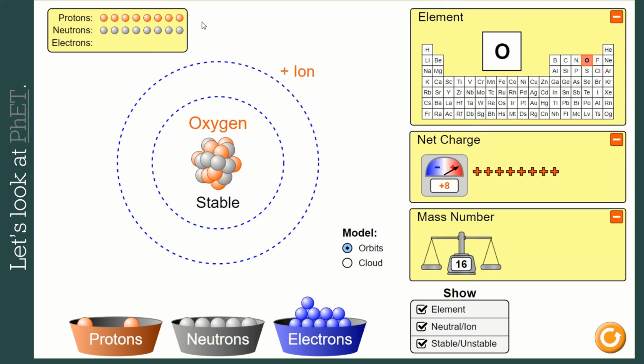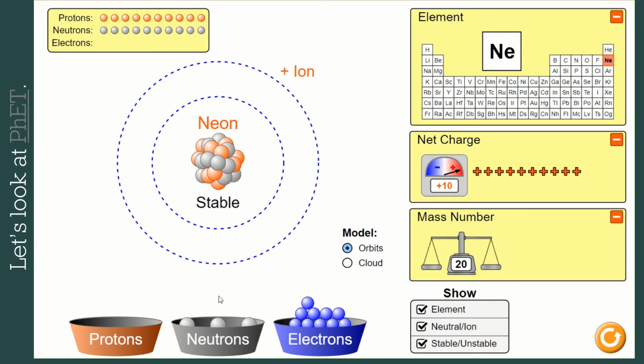So I have 8 protons and 8 neutrons. What if I add another neutron? Oh, still stable. Add another one. Oh, still stable. Add another one. Oh, now it's unstable. Okay, so you can see the relationship between protons and neutrons. And in this case, there we go. Now we are stable here, okay?